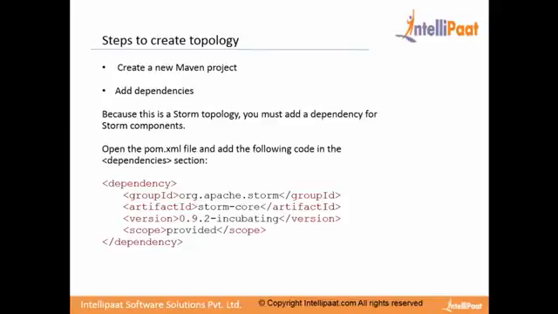So first of all, I need to create a Maven project and I need to add the dependencies because this is a Storm topology and you must add dependencies for Storm components. There will be some jar files, some classes which will be used at the backend, and this dependency addition is going to take care of it.